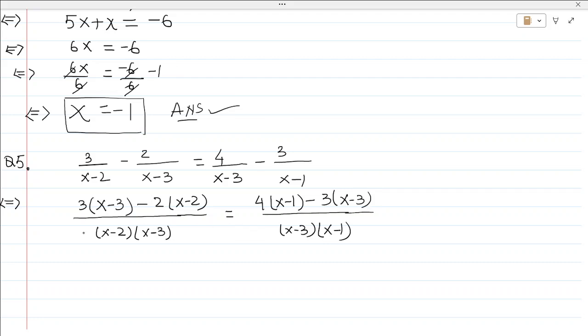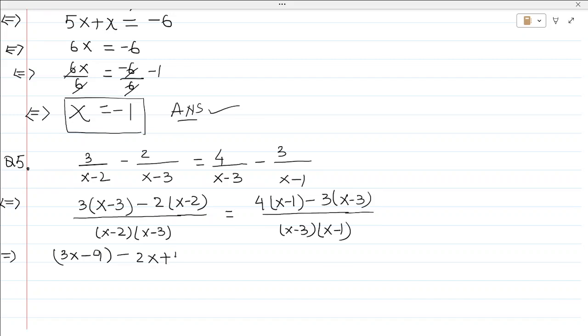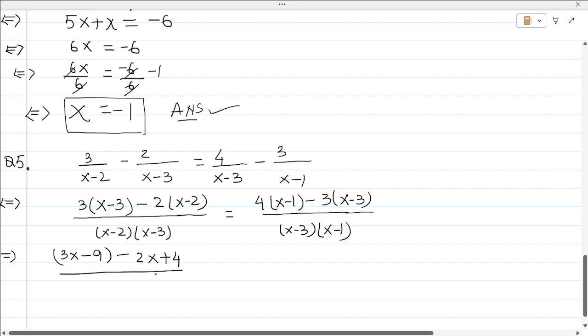Now open the bracket on both sides. 3x minus 9 minus, put it in one bracket, minus of, open this bracket, 2x plus 4. Minus 2 multiplied with minus 2 will give you 4 plus 4. In the denominator we get x minus 2 into x minus 3 on one side.